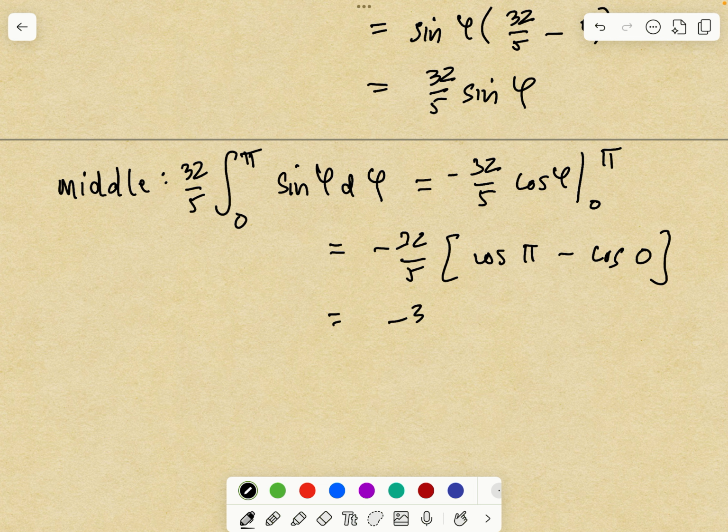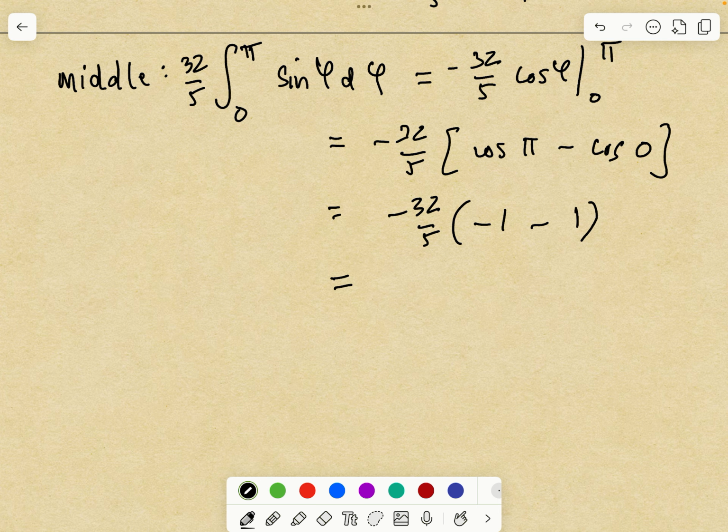Cosine of pi is negative 1 and cosine of 0 is 1. So you get negative 32 over 5 times negative 2, and when you multiply, you get 64 over 5.